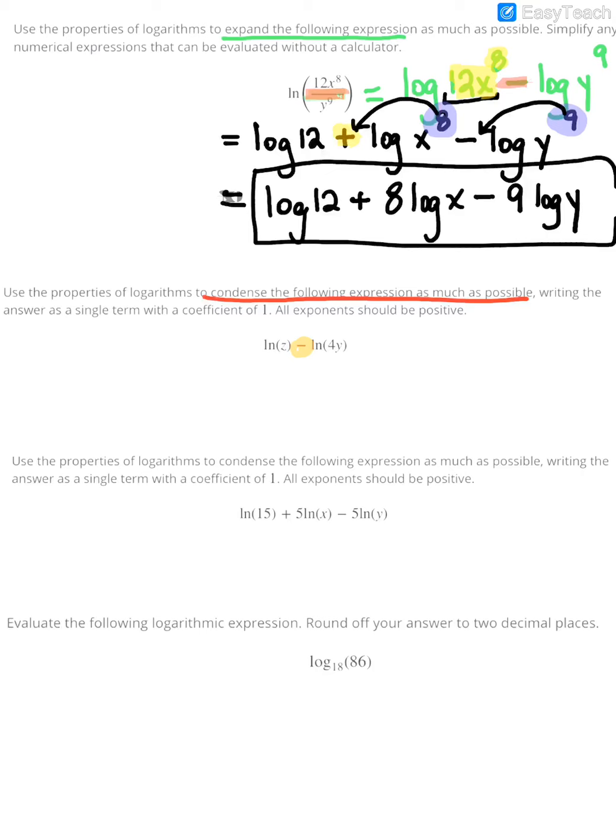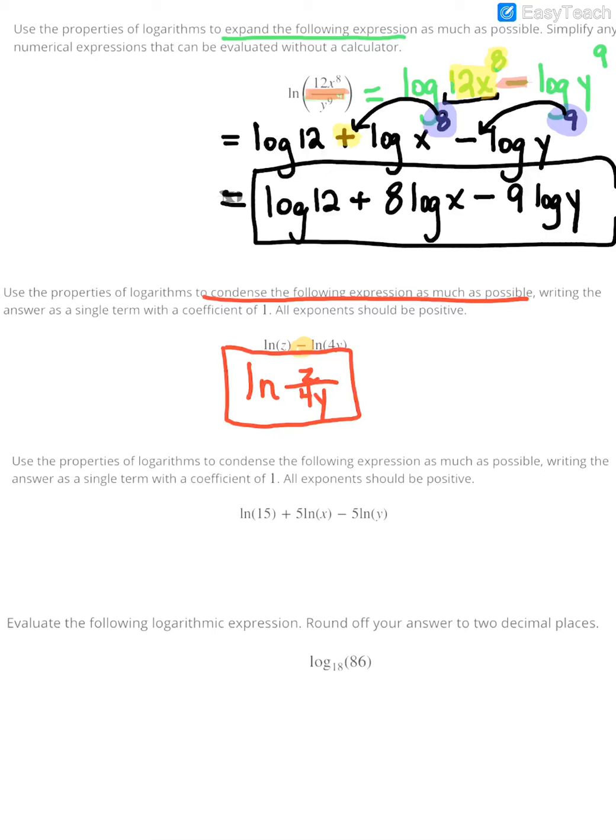So when I go to condense them, which means putting them back together as a single log, I have to remember that subtraction was associated with a fraction. So notice they're spelling log as ln this time. The z will go on top since that term came first, and the 4y will end up on bottom. And at that particular point, I have condensed as much as possible.